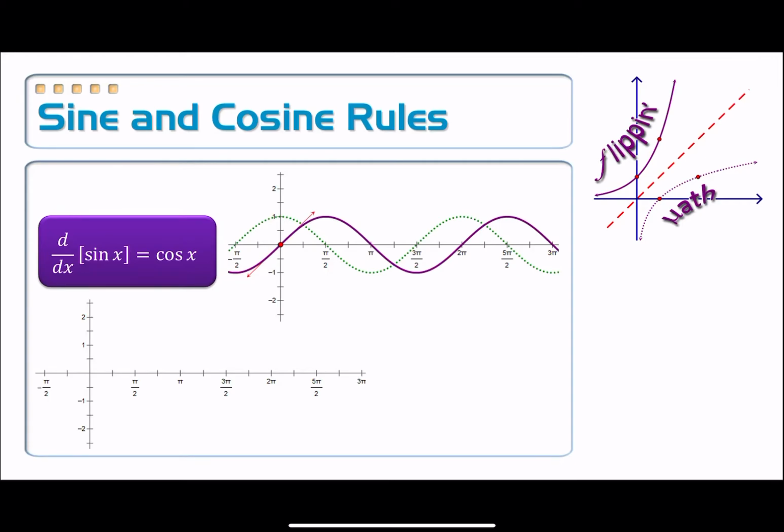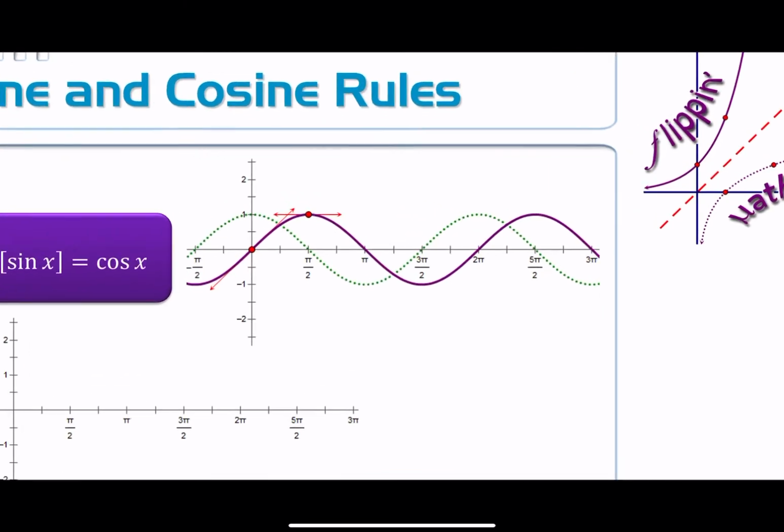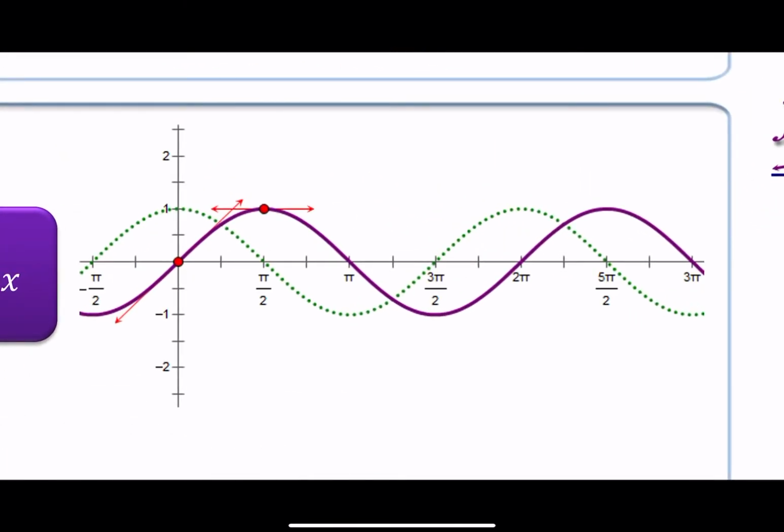So for example, this was a day 1 activity in calculus. Remember, you were fooled by thinking that the line y equals x with a slope of 1 was, well, actually it was sine, but I fooled you into thinking it was y equals x. But hey, the slope there is 1, and so is cosine. Let's come over here to pi over 2. If you zoom in right there, it's going to get more and more horizontal.